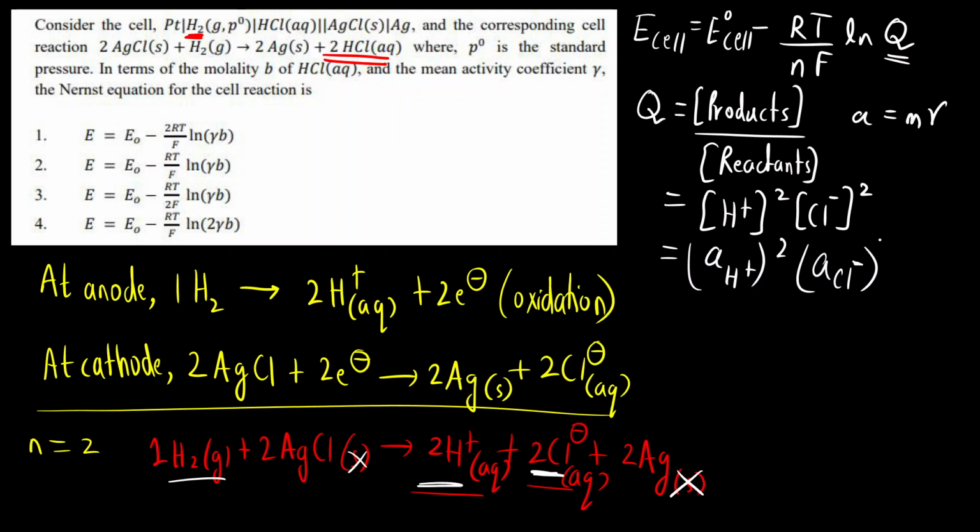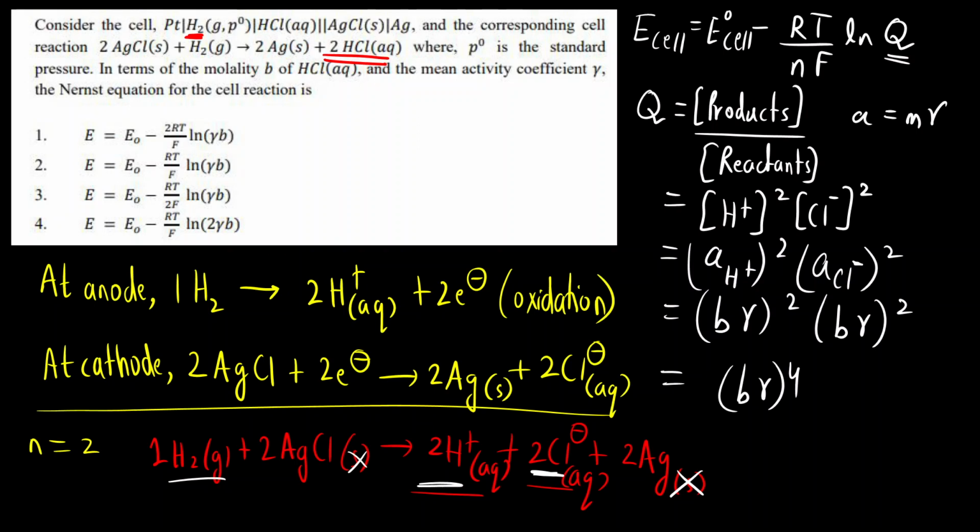Here they have given the activity coefficient, so we will write in terms of activity. a is equal to m gamma. What is molality? They have given b. So this will be b gamma raised to 2, and this will be b gamma raised to 2. So this will be b gamma raised to 4.